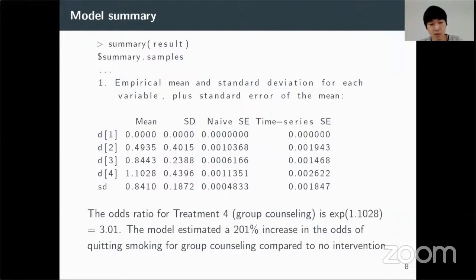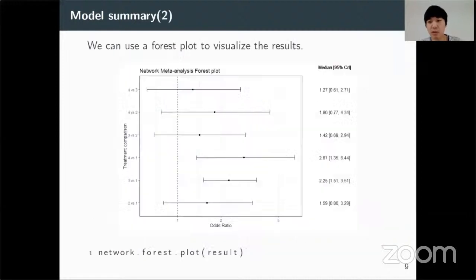So the odds ratio for treatment 4, the group counseling, is 3.01. So the model estimates a 200% increase in the odds of quitting smoking for group counseling compared to no intervention. There are some pre-built summary visualization functions, and this is the forest plot.